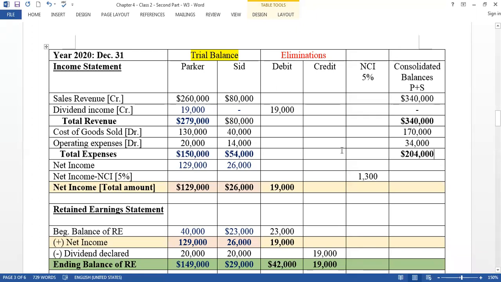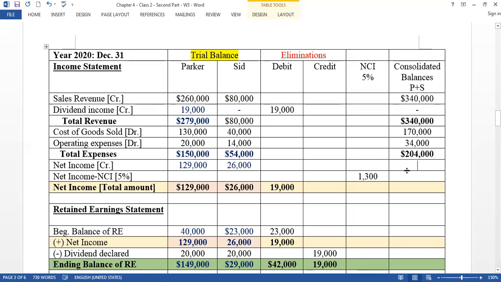Now net income, right? Look here, parent company plus subsidiary. Because we are in the consolidated part, parent plus subsidiary. So parent company 129,000, subsidiary company 26,000, and you know that net income normal balance is credit, right? So credit and credit, plus.